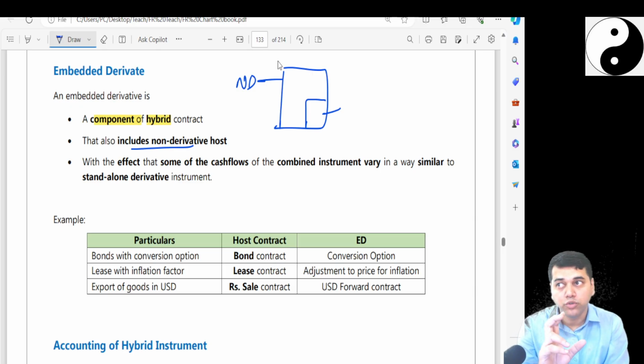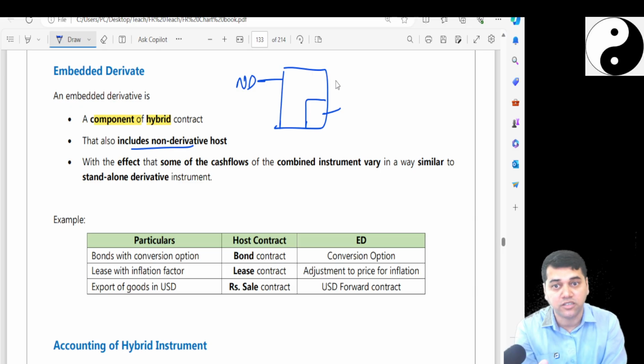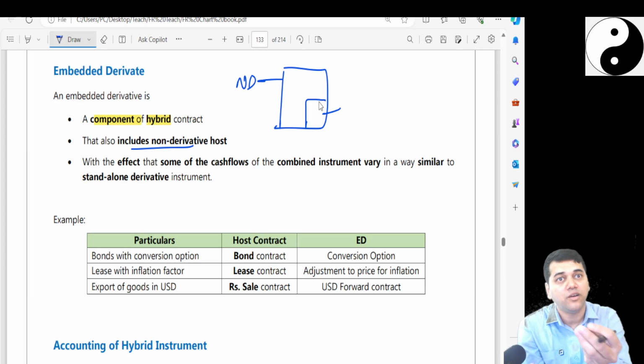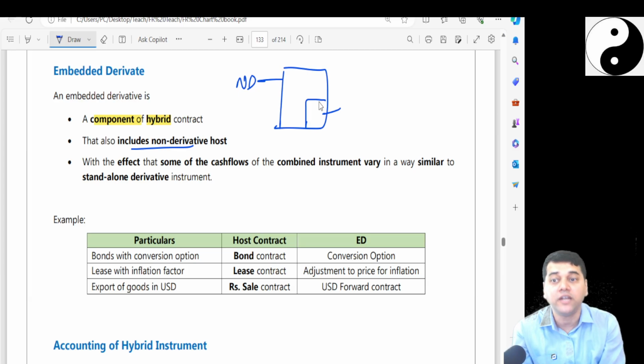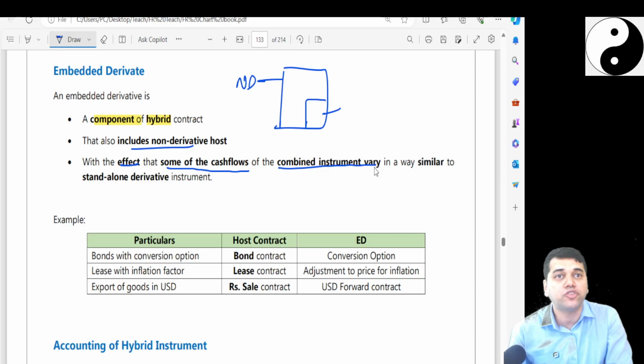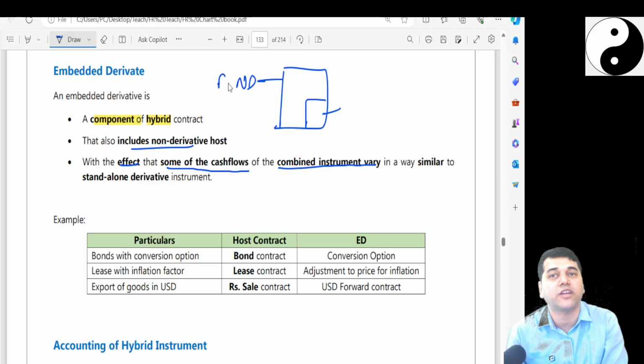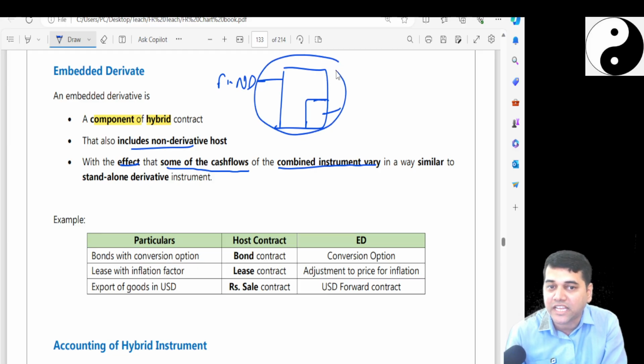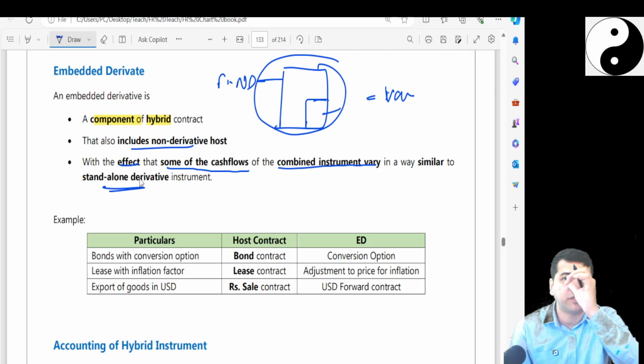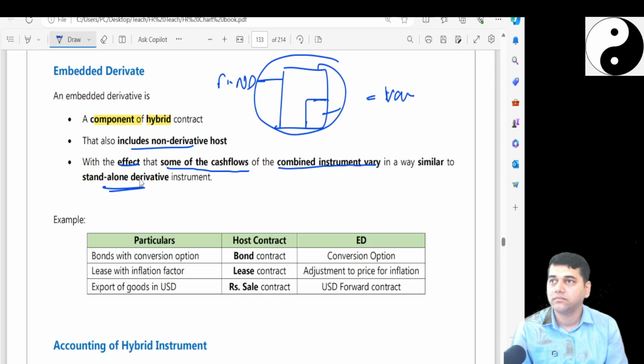But what you do, you change the nature of the main non-derivative contract by mixing one derivative contract, so that some of the cash flows of the combined instrument, which previously were fixed cash flow, because of one variable element, the combined cash flow becomes variable, similar to a standalone derivative. It's going to give that effect to you.